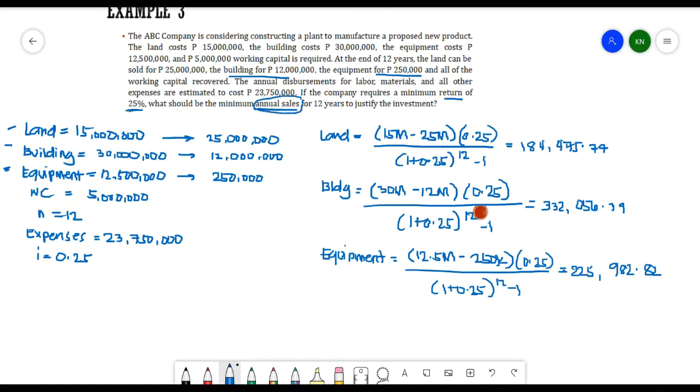So now we are looking for the annual revenue or the annual sales. So again, ROR is equivalent to AR minus AC all over C. Since, as you can observe, for the land we did not depreciate, hence we have appreciation, or the value of the land increases after 12 years.